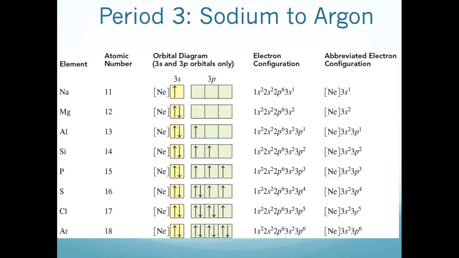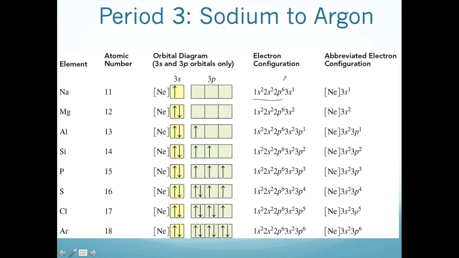That first and second level aren't really doing anything. So if we only want to show this 3s orbital, we can hide these core electrons, these electrons that are lower down in energy. What we do is we use the noble gas that comes before sodium. We go to the previous row, period 2, and we use the noble gas at the end of it, which is neon.